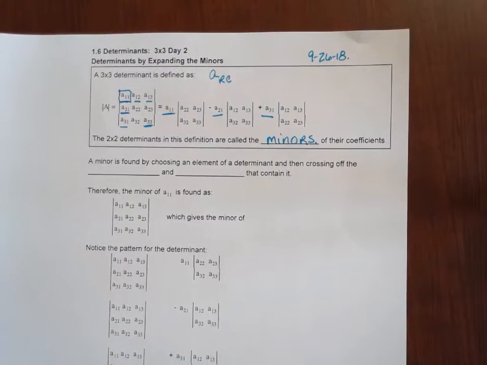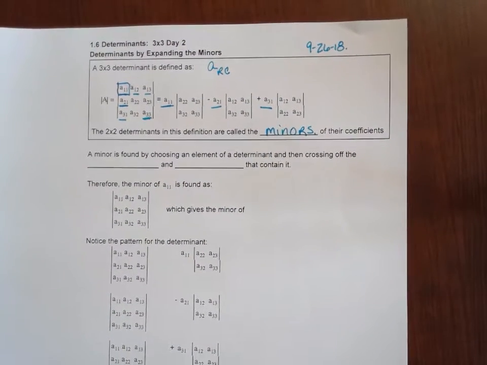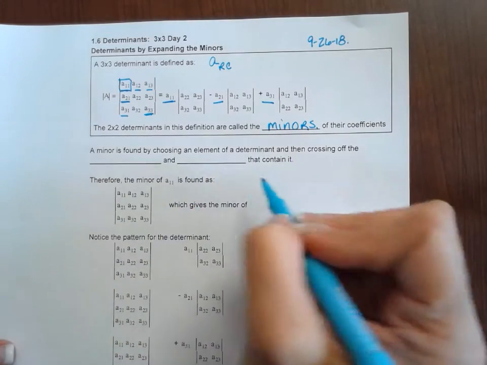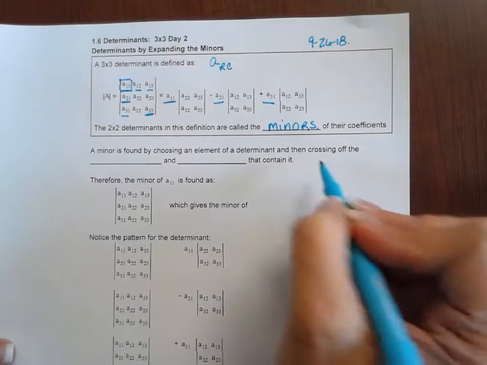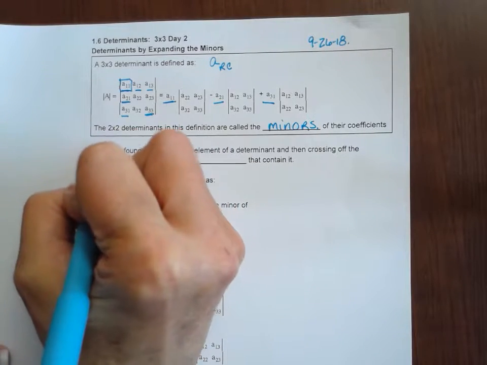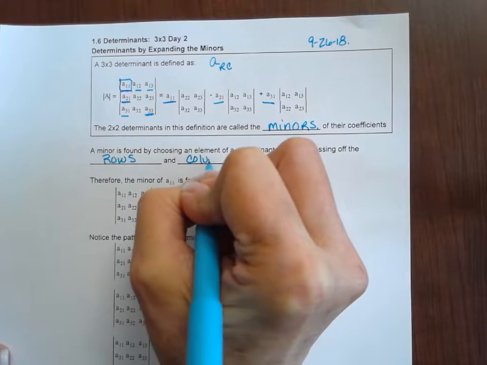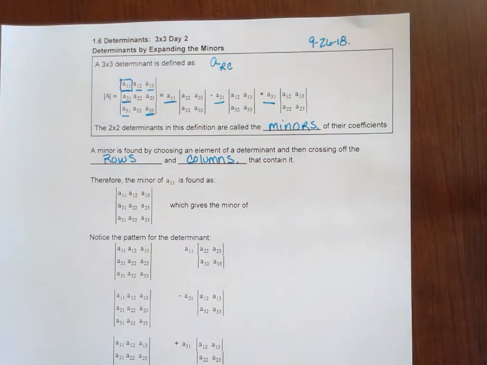A minor is found by choosing an element of the determinant and crossing off the rows and the columns that contain it.